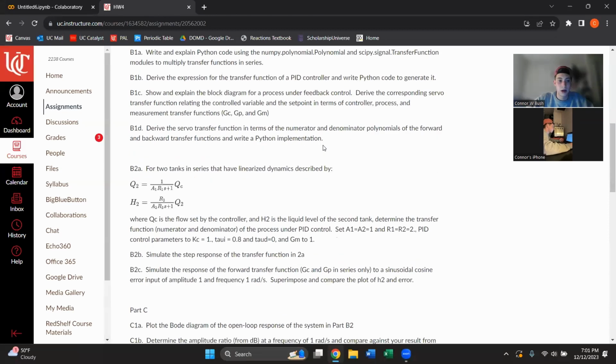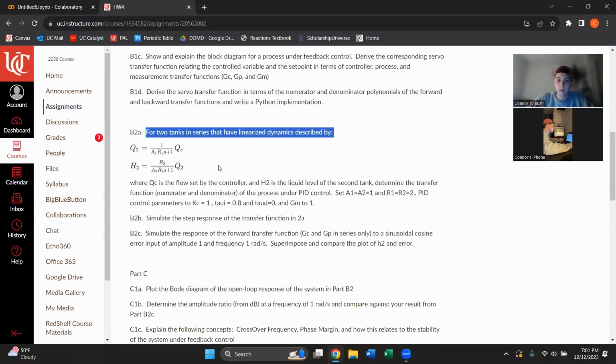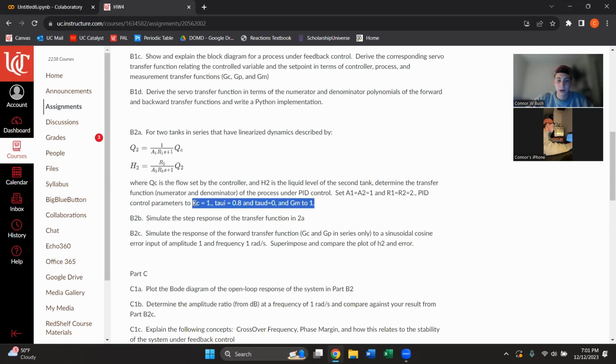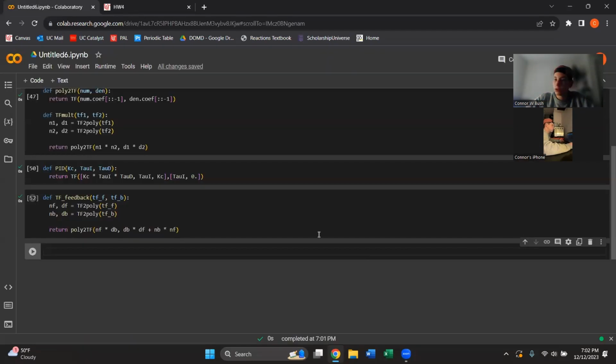So now we can go into this part B2A, looking more specifically at given parameters for our PID controller, and then our areas and then resistance are given. So let's get into that part now.